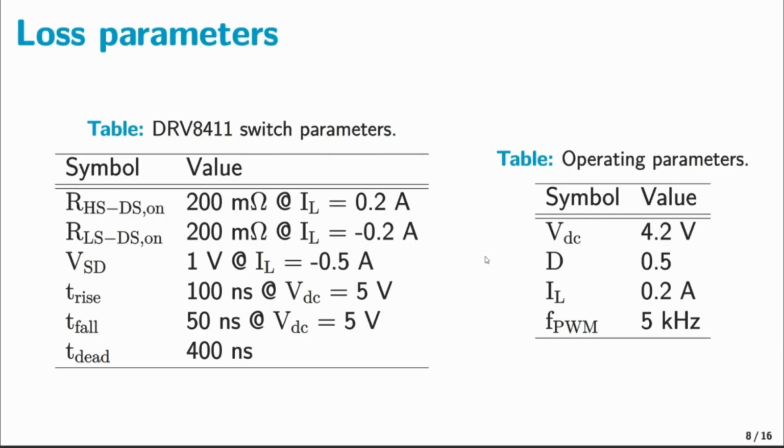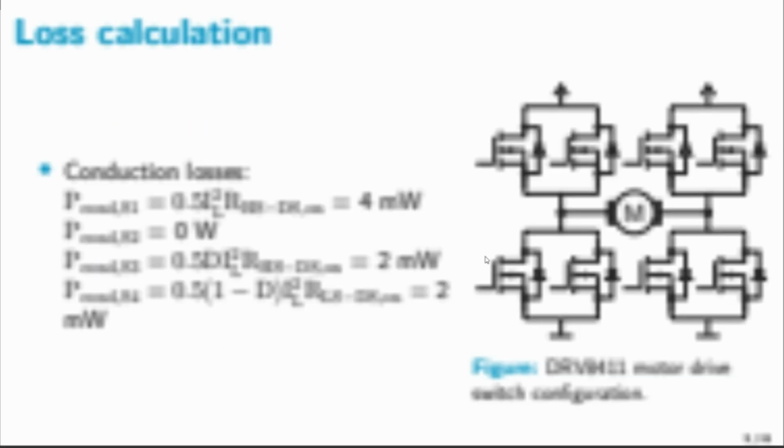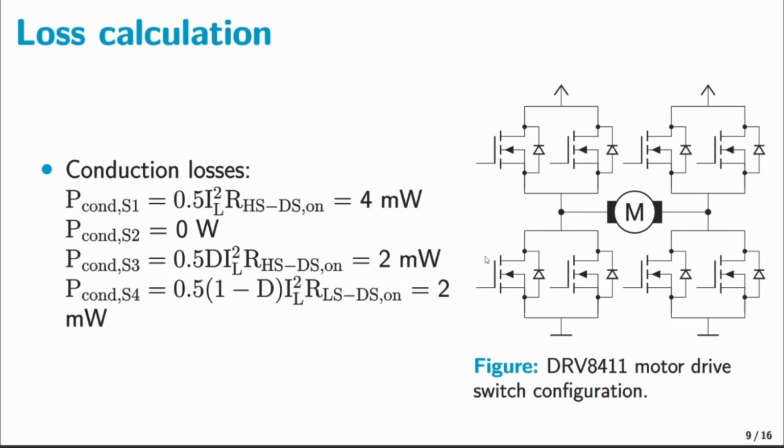In this slide, the various parameters necessary to calculate the losses are collated from the datasheet of the IC. These are shown in the table on the left. Furthermore, operational conditions where the losses are calculated are shown in the table on the right. Let's first see the distribution of the conduction losses in the switches.